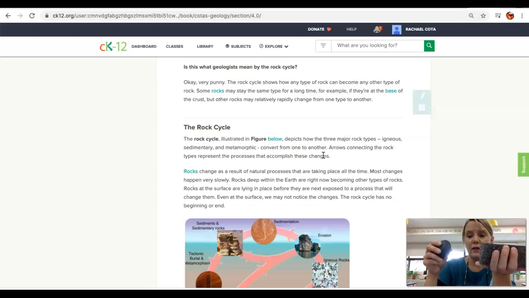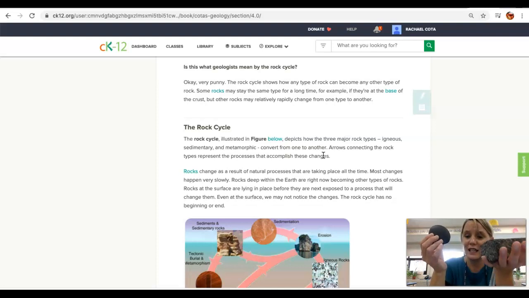But one cooled slowly underneath the ground, and one cooled very rapidly outside of, or on Earth's surface, I should say. Okay, which one do you think cooled slowly? The one with grains and crystals, or the one without? If you said the one with grains and crystals, you are correct. This one cooled slowly.